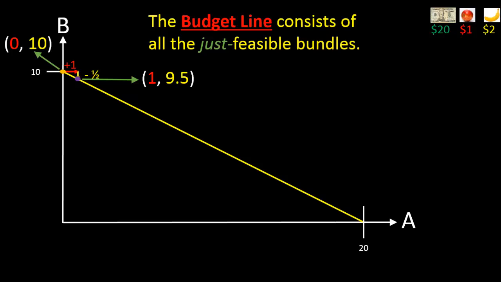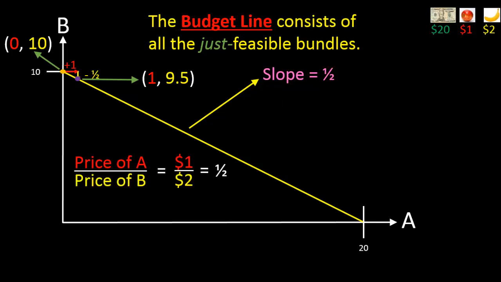So you can see that if we keep repeating this exercise, we'll keep generating more and more just feasible consumption bundles, and they will all happen to lie on the same straight downward sloping line, which we call the budget line. And the slope of the budget line is going to have a magnitude of half. Where does this magic number of half come from?